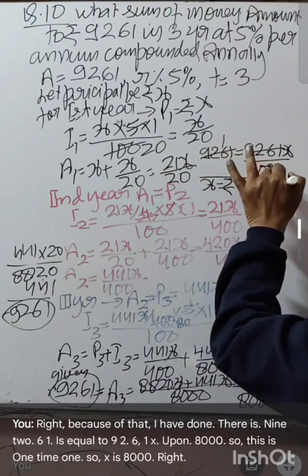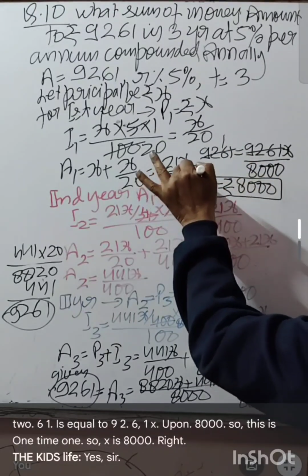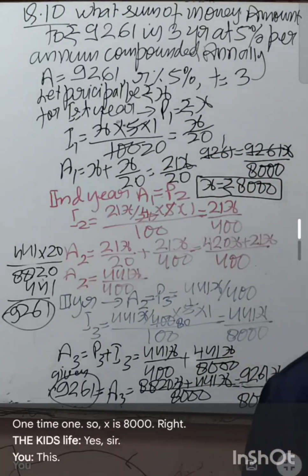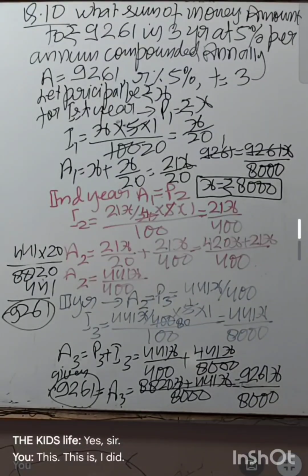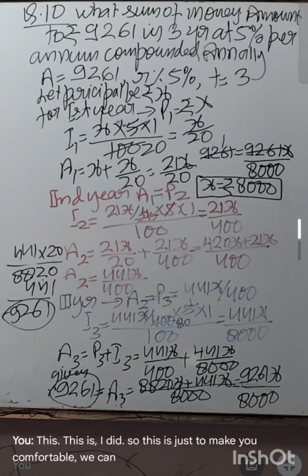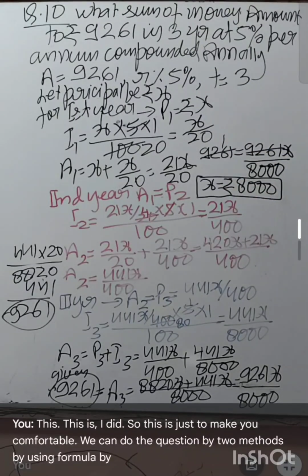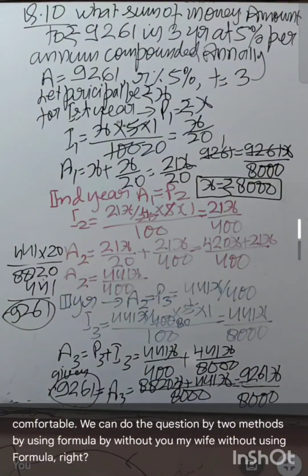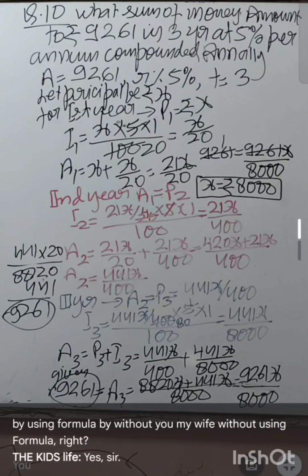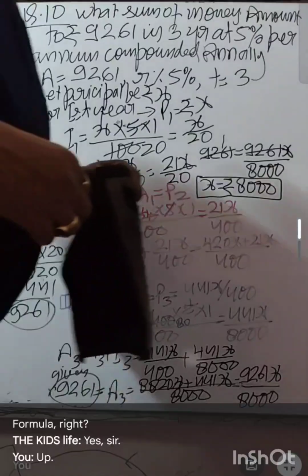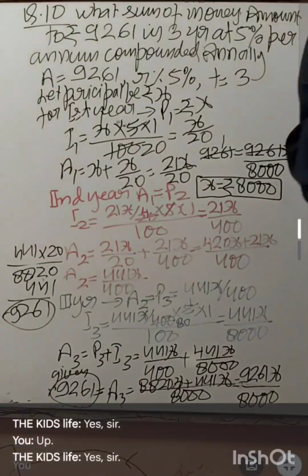Right? This is what I did, just to make you comfortable. We can do the question by two methods: by using formula, and by not using formula. Right? Yes, sir.